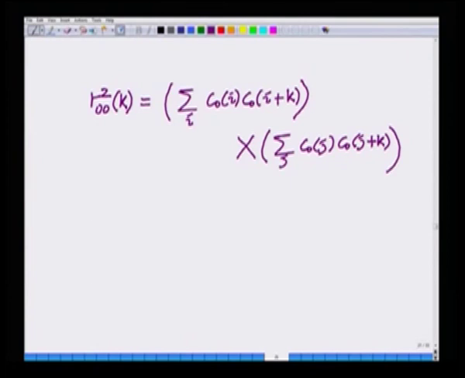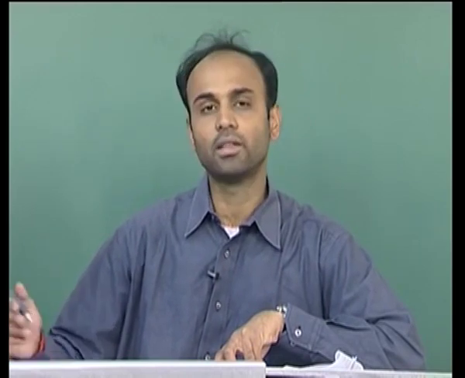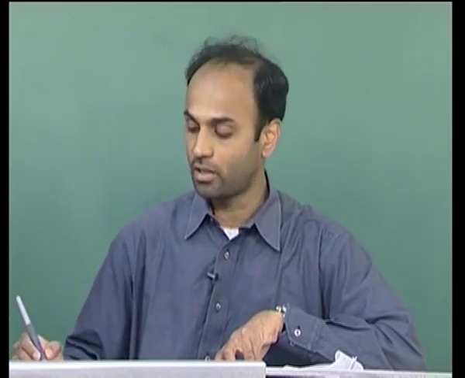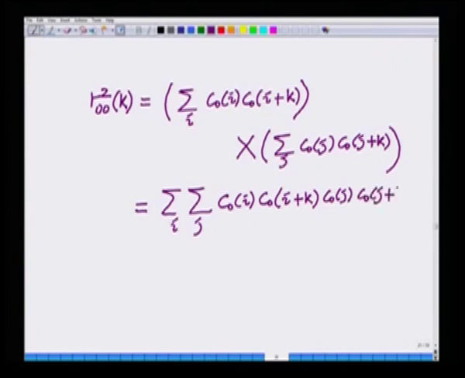These i and j are simply summation indexes, so do not get confused with them; they are the same term represented by different summation indexes. I will write them as a double summation, summation over i, summation over j, C_0[i] C_0[i+k] C_0[j] C_0[j+k].